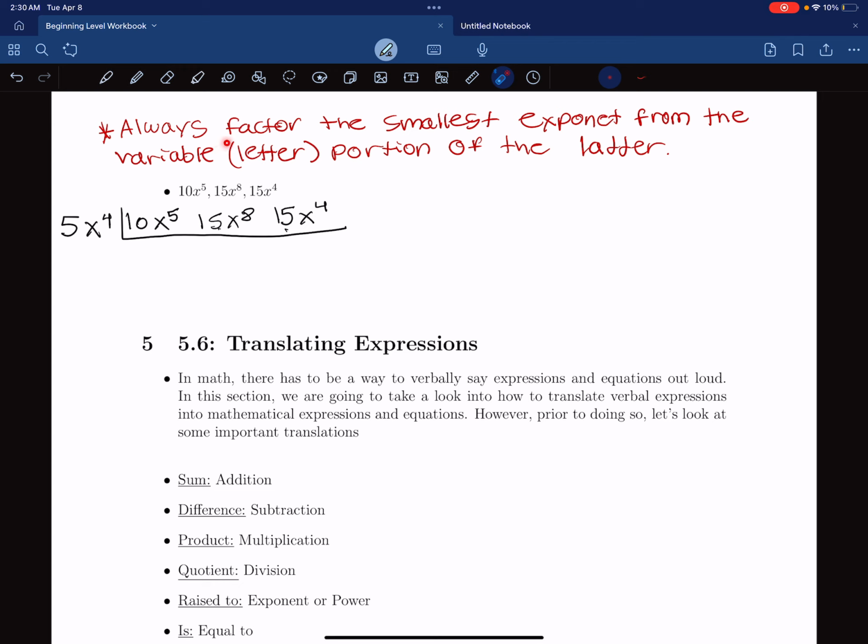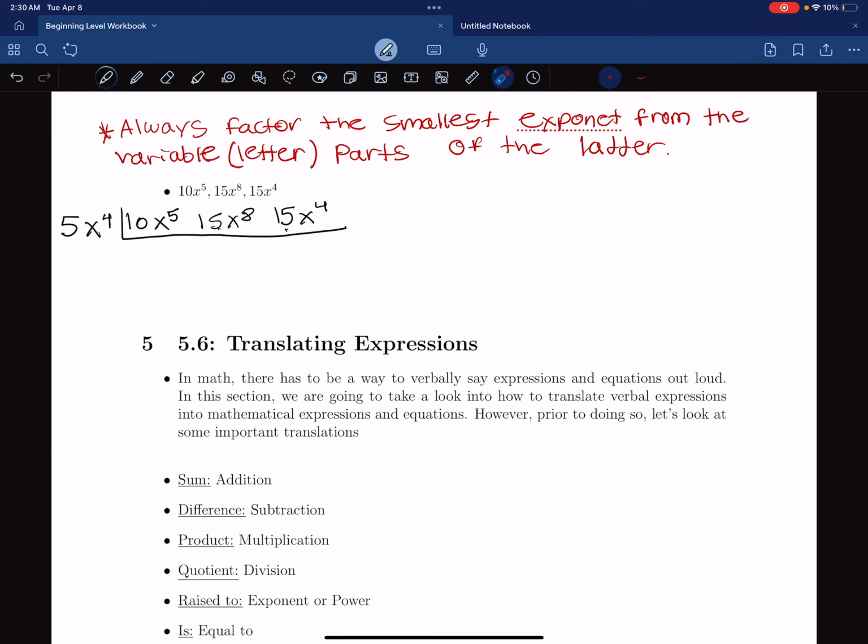So given this, we always factor out the smallest exponent from the variable letter parts of the letter.